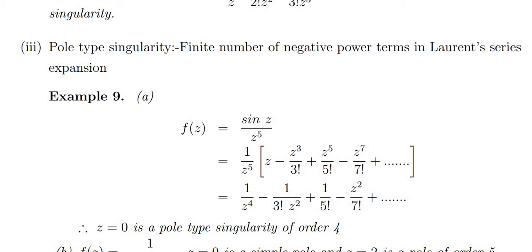Its Laurent series expansion centered at 0 is 1 by z raised to 4 minus 1 by 3 factorial z square plus 1 by 5 factorial minus and so on. There are only finitely many negative power terms, so z equal to 0 is a pole. The highest negative power in this Laurent series is 4, so z equal to 0 is a pole of order 4.